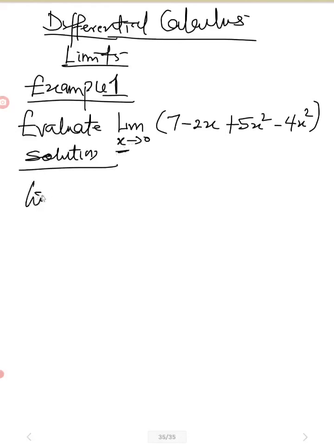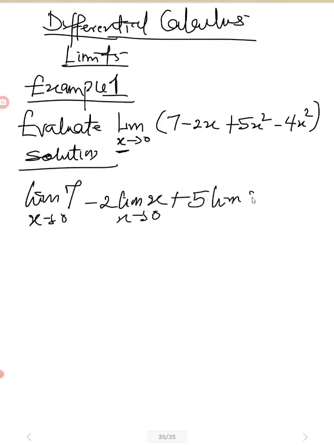You set the limit of 7 as x tends to 0, minus 2 times the limit as x tends to 0 of x, plus 5 times the limit of x squared as x tends to 0, minus 4 times the limit as x tends to 0 of x squared.